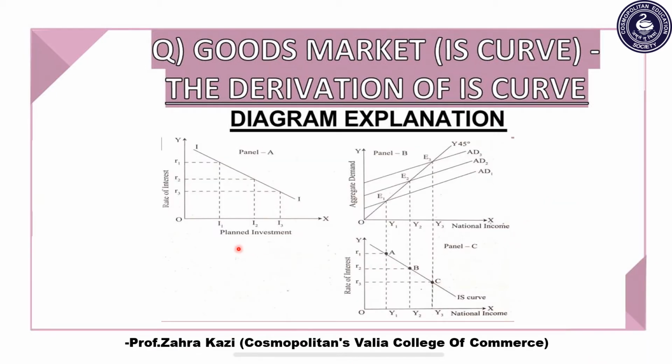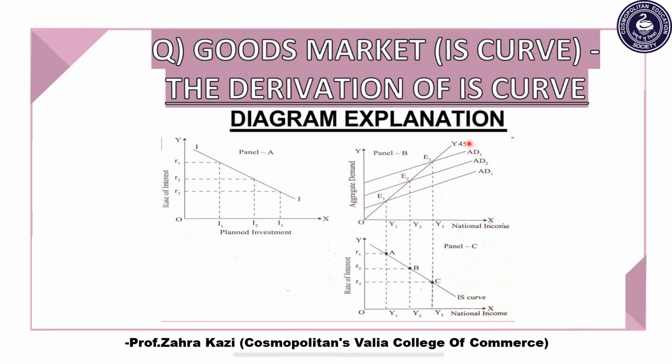Further, as you can see in panel A, as we've already done in our last part, as the rate of interest falls, the level of planned investment increases. This will cause an upward shift in the aggregate demand function. As you can see in panel B, there are shifts in the aggregate demand function, that is from AD1 to AD2 to AD3.